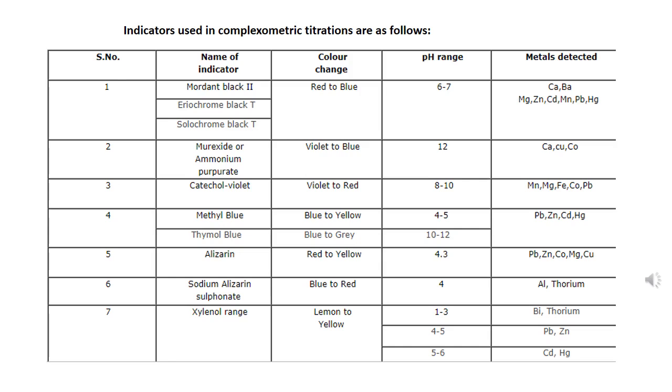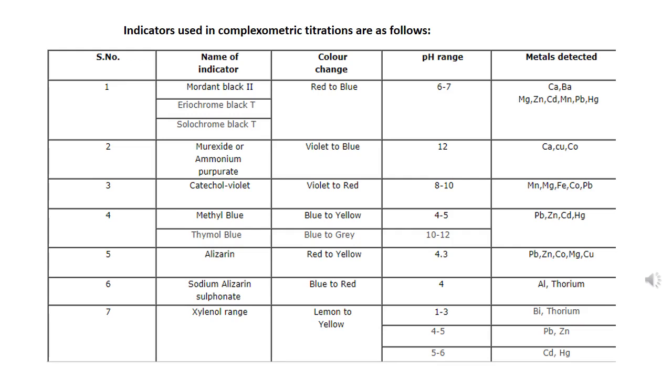The next indicator is murexide, also known as ammonium purpurate. Its color changes from violet to blue and the pH range is 12. Metals that can be detected by this indicator are calcium, copper or cobalt.